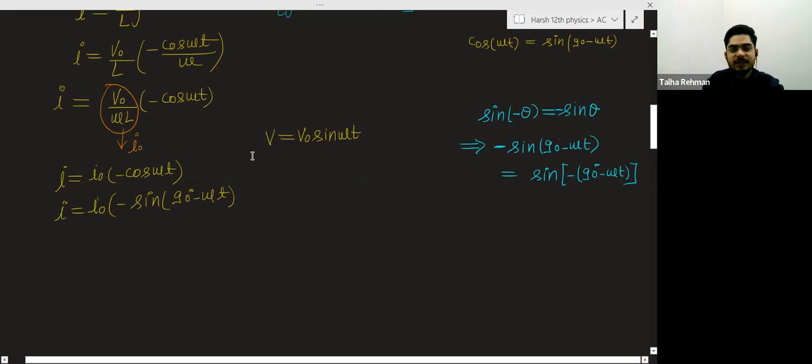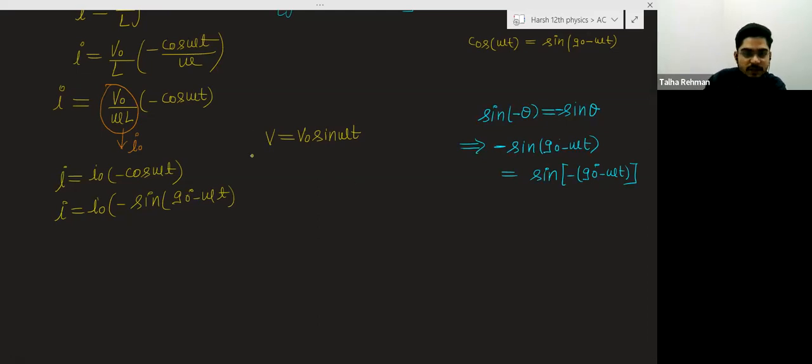So basically now I can change it. It will become I is equal to I naught, and this minus sine 90 minus omega t can be written as sine of minus 90 degree minus omega t.